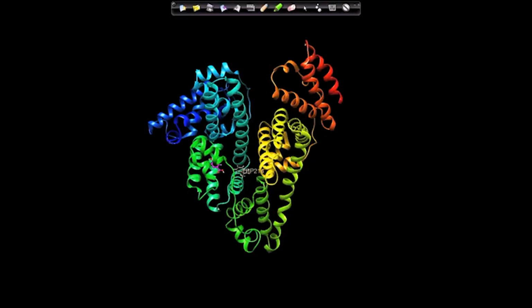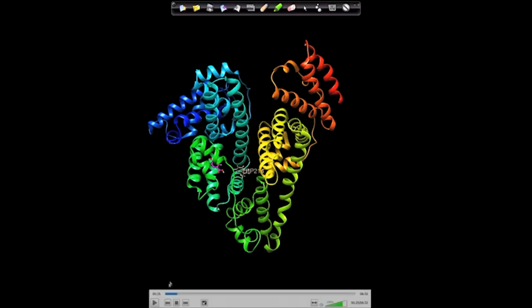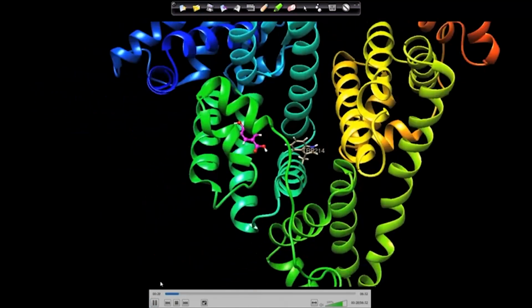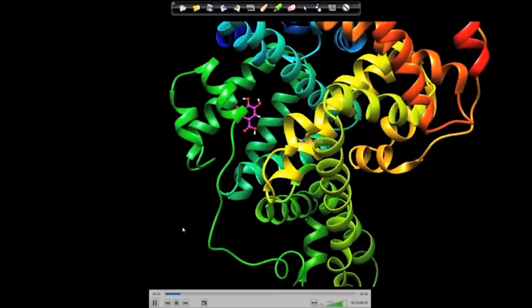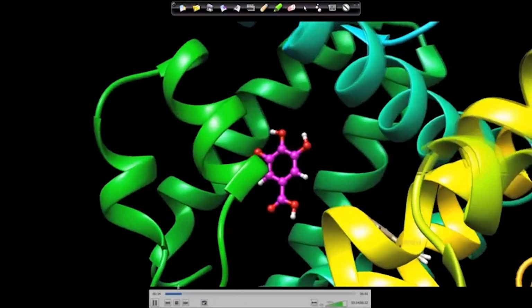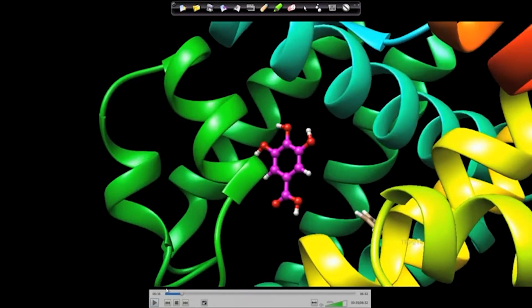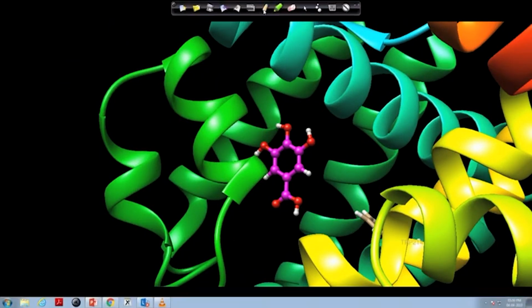This is the structure of the human serum albumin protein. Now we can play this small movie, in which we can see the structure of this protein, but there are two different types of molecules here, and one of them is a very familiar molecule, our gallic acid.